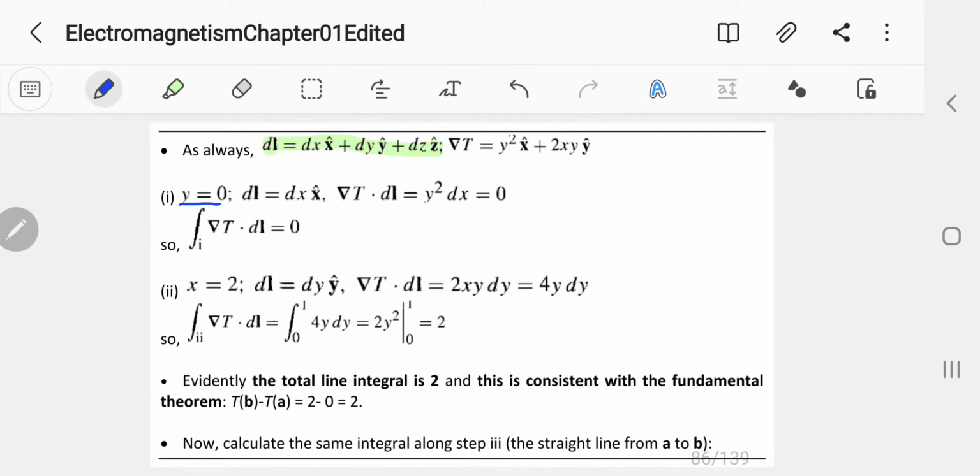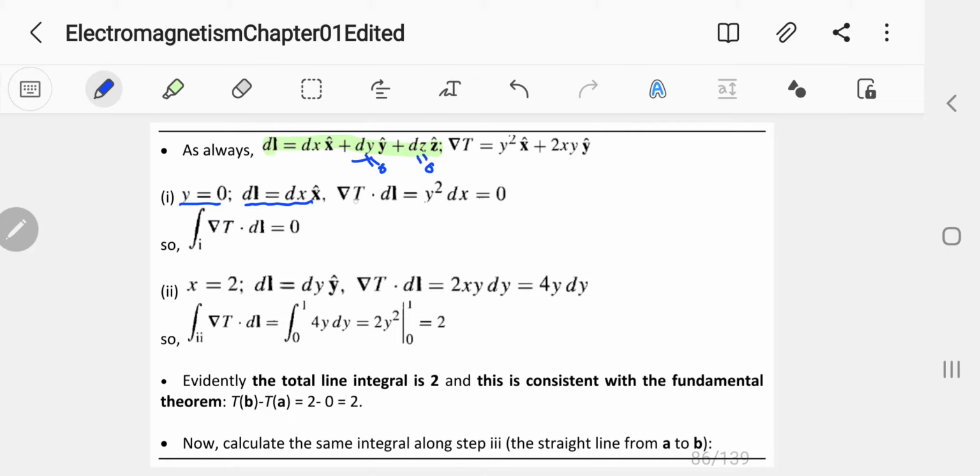So y is equal to 0, and since y is equal to 0, the derivative of y, dy, is also equal to 0. Of course z is equal to 0, so dz is also 0, so your dl will just be this one.